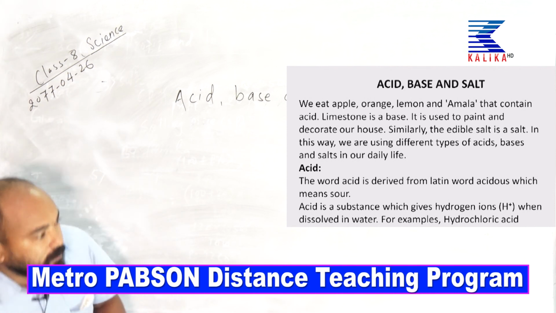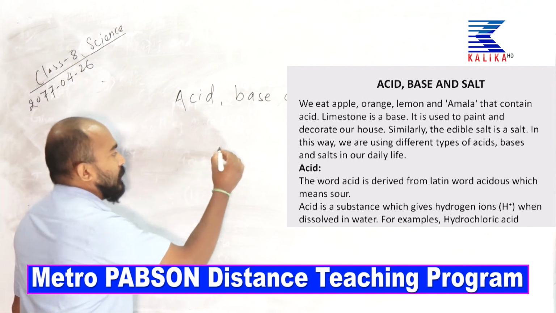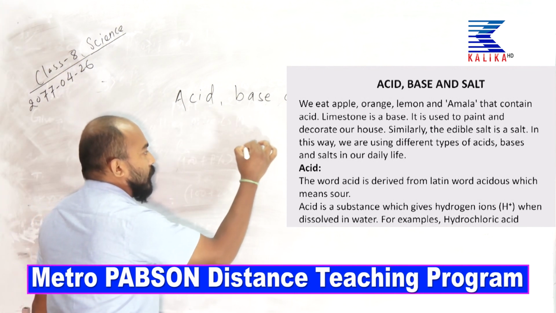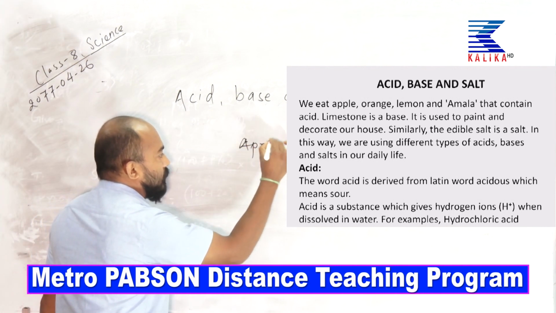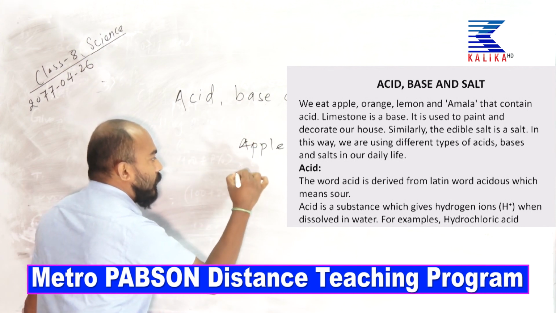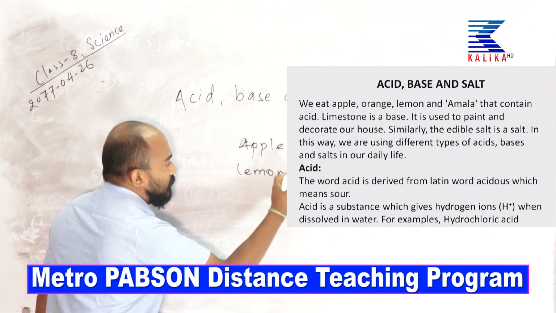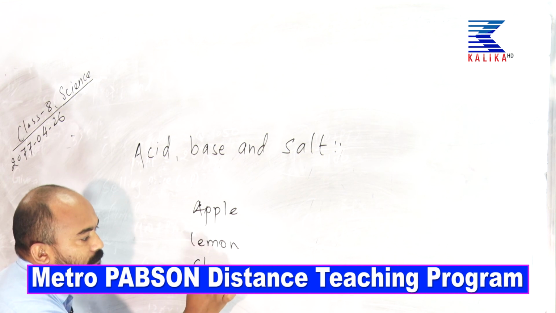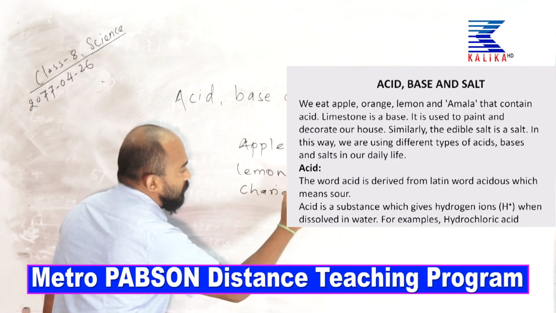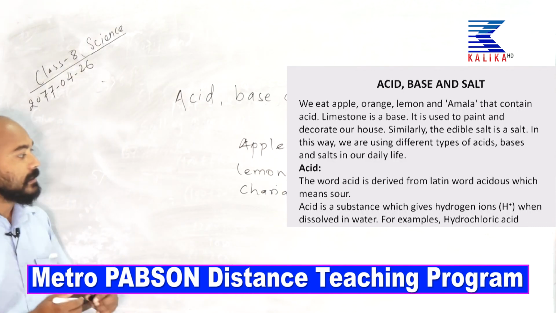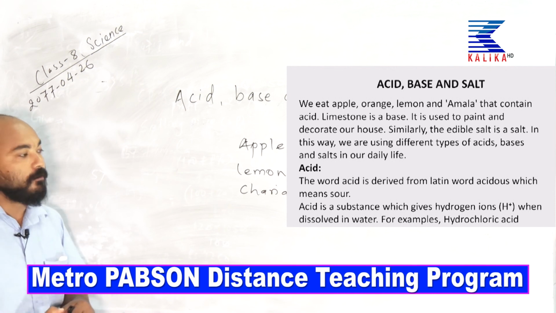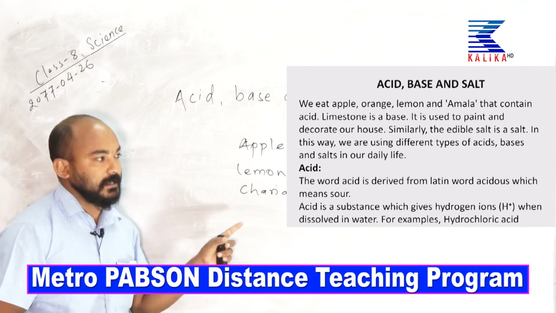Let us have some examples, like apple, lemon, and cherry amilo. We are using these things in our daily life, but we are unaware of what they are.